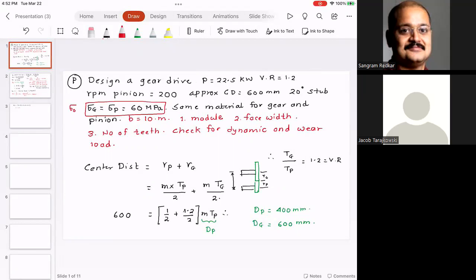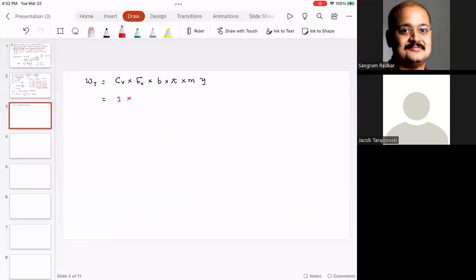If this value is not given to us, you are welcome to look at the design data book and select the appropriate value. So sigma O is 60, multiplied by the value of B, which is 10 times module, multiplied by pi, multiplied by module, multiplied by 0.129.